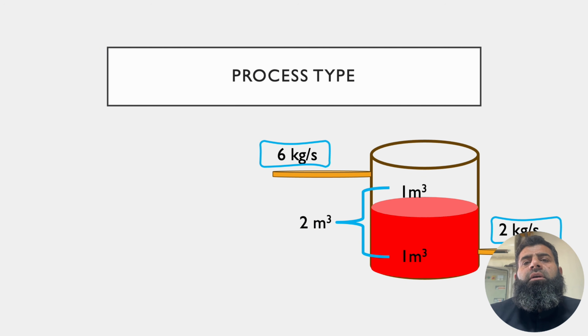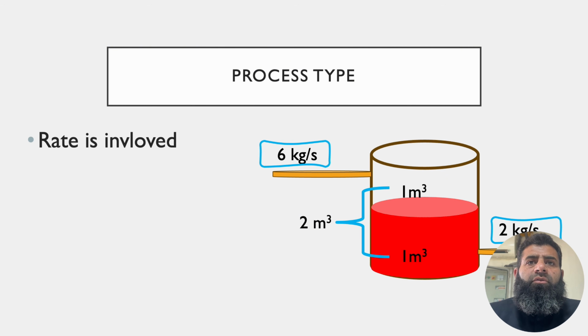The things involved are the rates, 6 kilogram per second and 2 kilogram per second. When a rate is involved, you can rethink that it's a continuous process, because rate is only involved in continuous processes. So that's why we call it a continuous process.